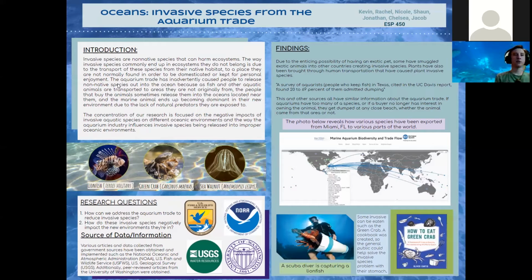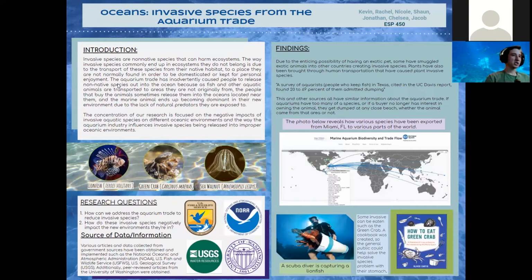The aquarium trade was an interesting topic for us because it's a huge problem that's only recently had regulation adapted to it. We've seen this issue in Florida, especially off the Keys, where lionfish, which are a very ornamental aquarium trade fish, end up being thrown out into the ocean when people are done looking at them, not realizing that lionfish have the ability to adapt to their environment to a point where they can survive in this new way.